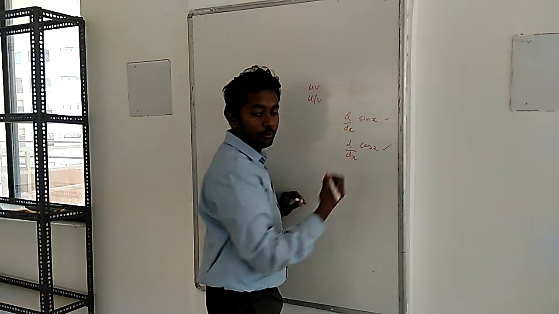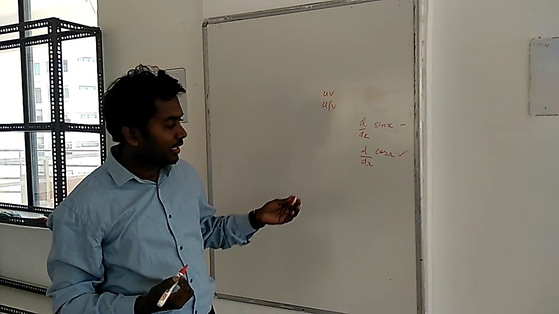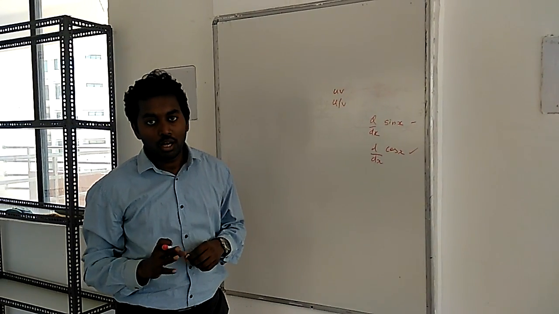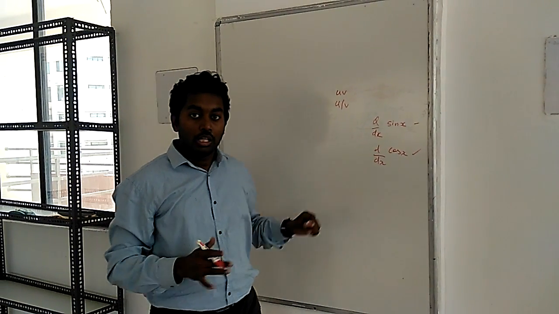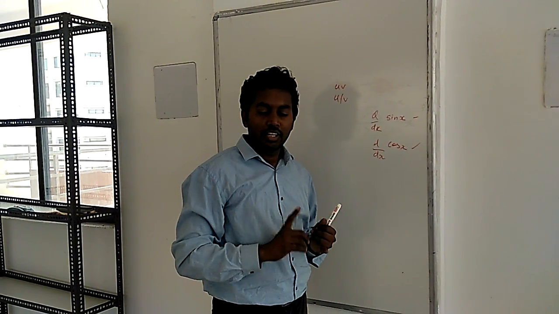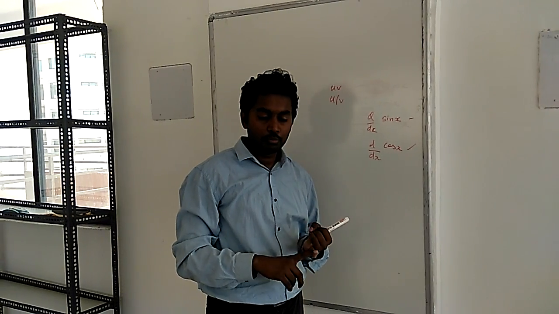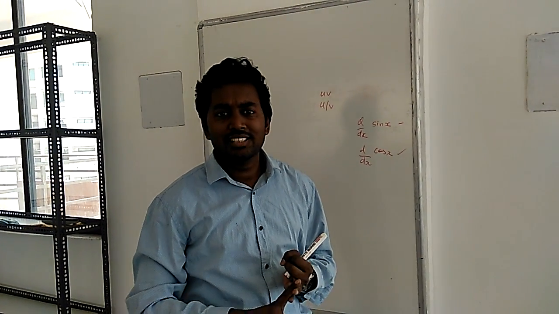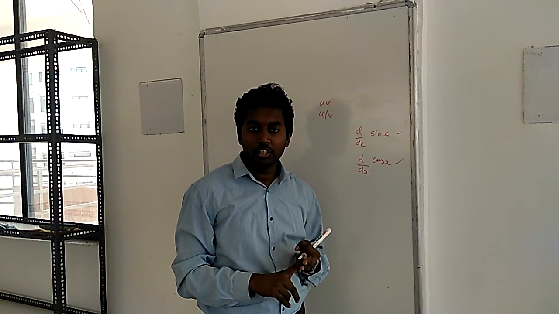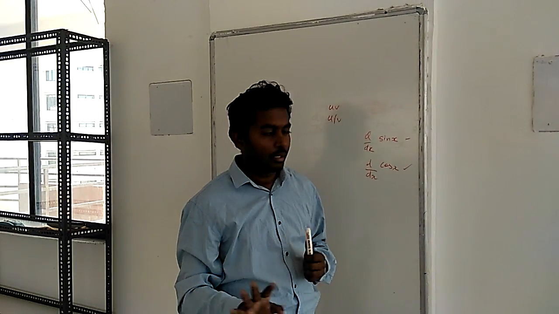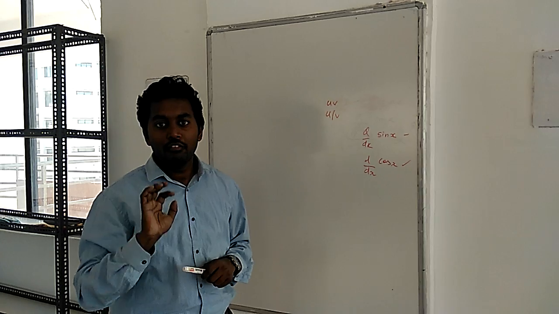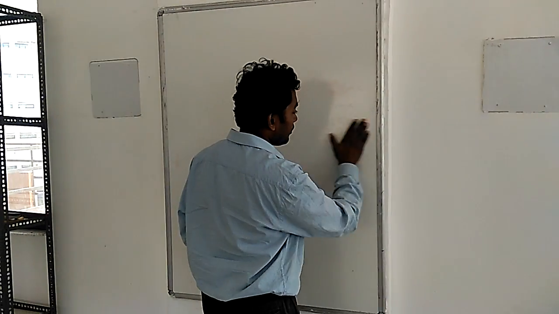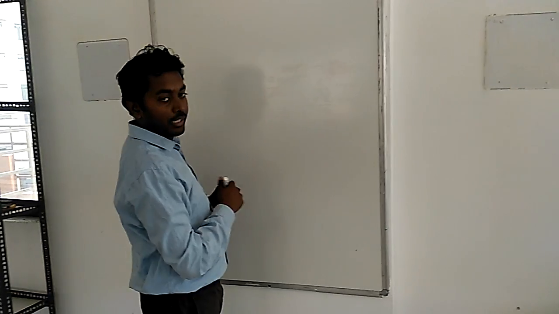You should already know these formulas. Derivatives include not only trigonometric functions but also algebraic, geometric and logarithmic functions. But today in our example we will take simple trigonometric functions. So not wasting much time, I'll get into the topic directly.